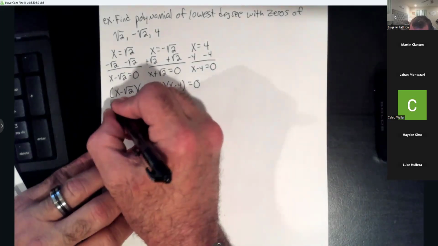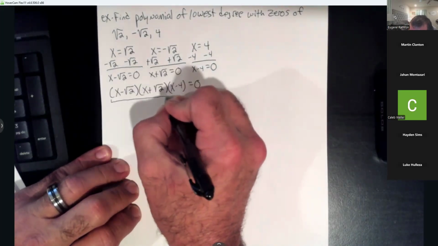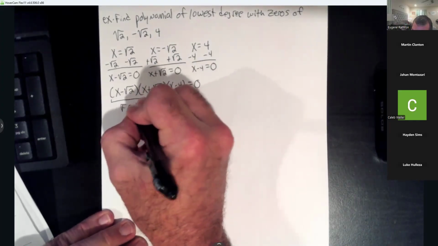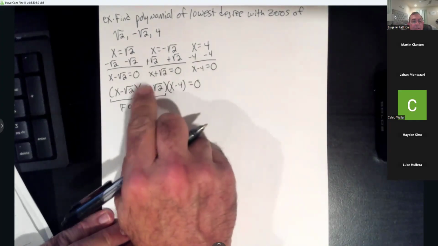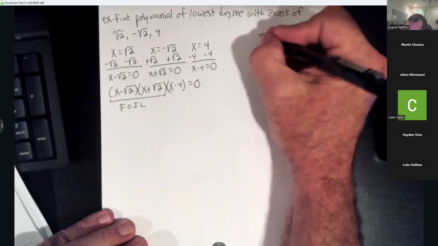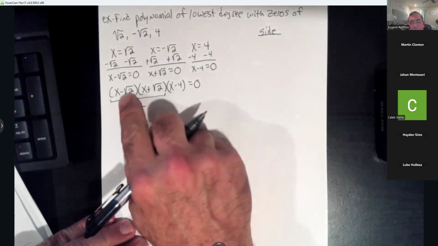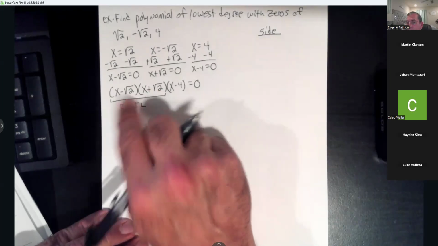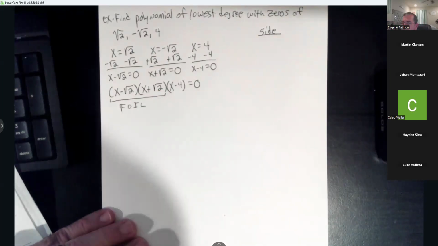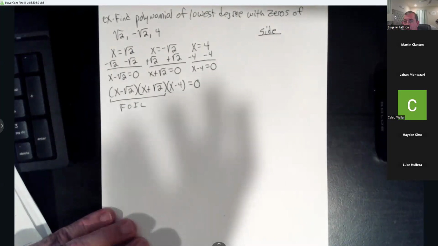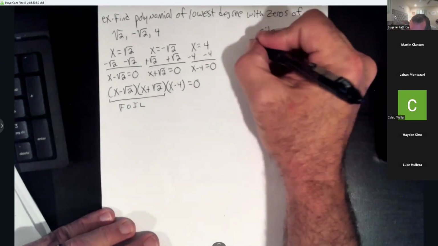So, do you notice these square roots are going to be the first thing I'm going to FOIL because these are conjugate pairs. Now, what's nice about FOILing conjugate pairs of radicals? The radicals will disappear. Just like the imaginary stuff disappeared, okay?